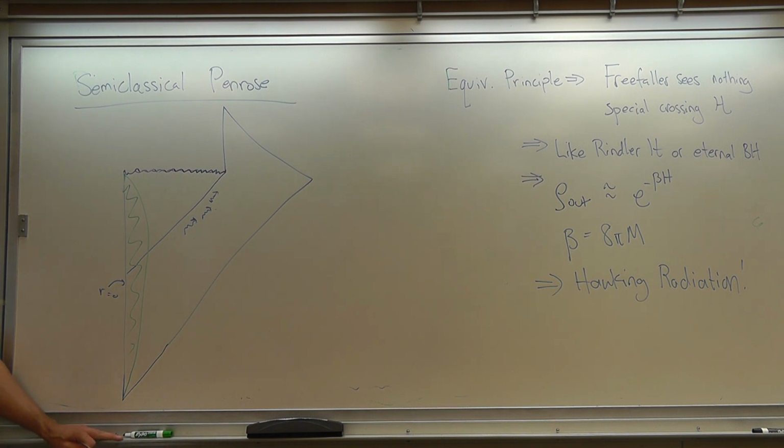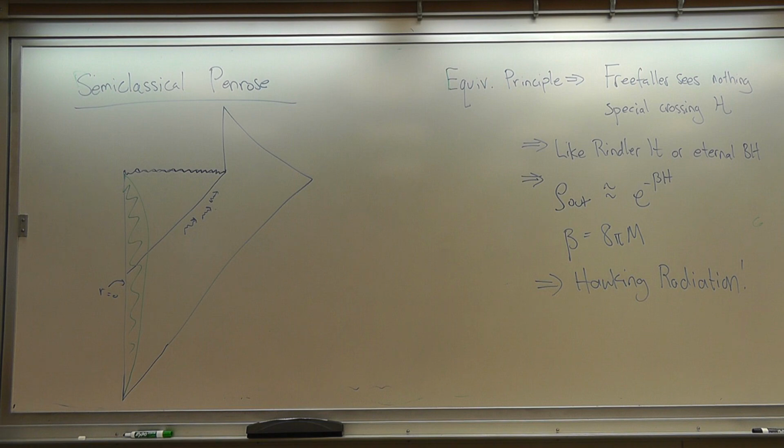Okay, so it really just evaporates the way you think, which is that it has a temperature, and it evaporates. It decreases in mass according to the amount of energy that it evaporated. As it decreases in mass, the temperature changes a little bit because of the 8 pi M. A Schwarzschild black hole actually gets hotter as it evaporates.